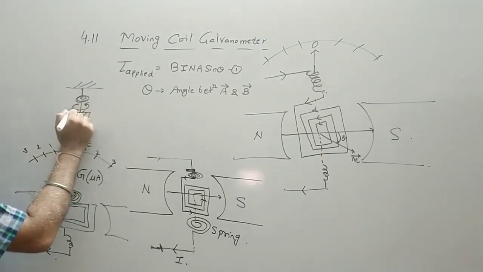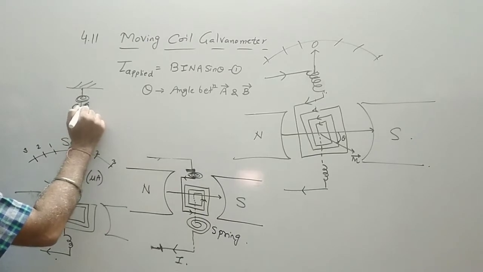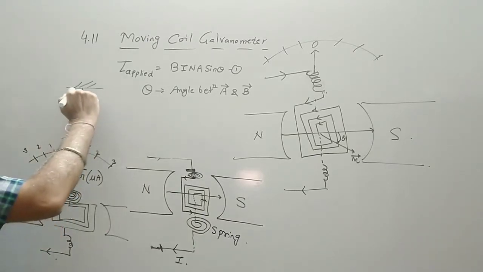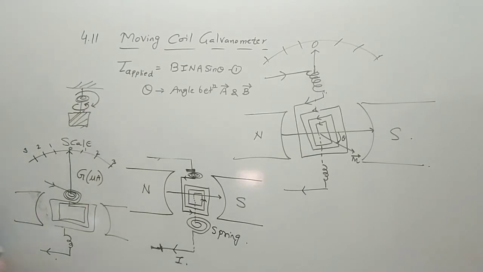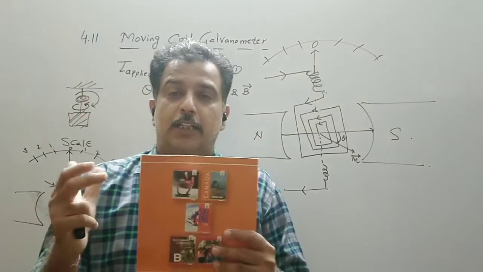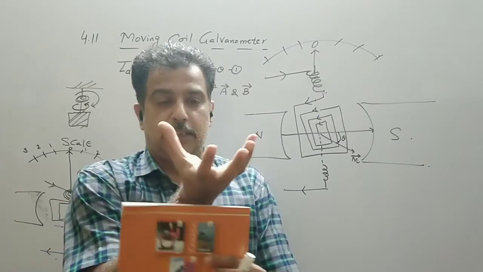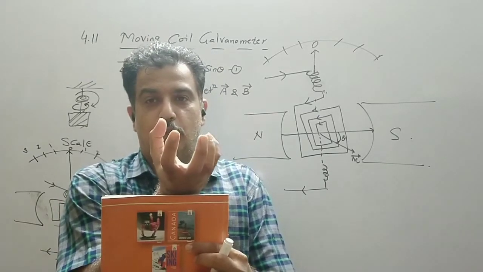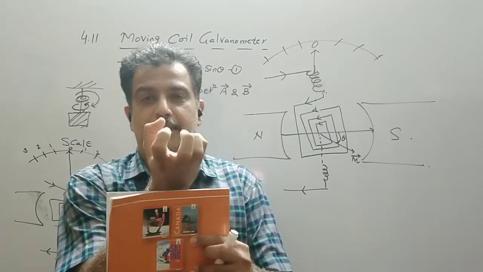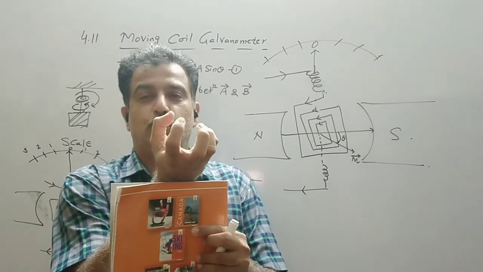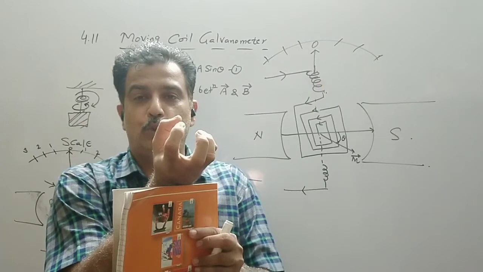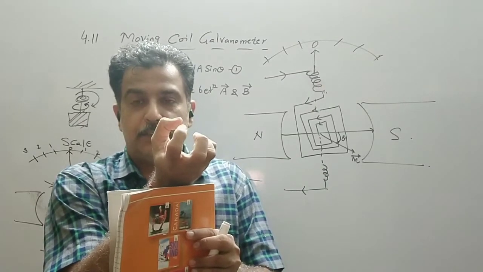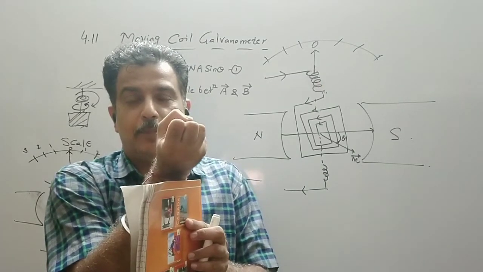If this coil tries to rotate anti-clockwise, the restoring force will be in the clockwise direction. But as long as the current is flowing, this spring keeps on compressing. So less deflection, less compression. Suppose it shows 1 microampere, then more deflection, the pointer moves to 2, more compression.